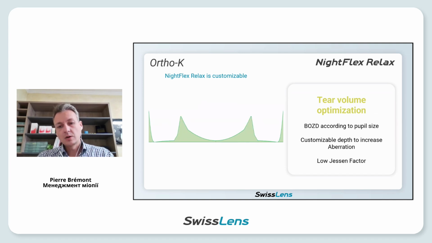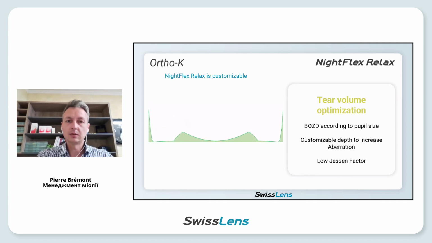So basically, we need to make the back optical zone diameter smaller. But when you make such a small back optical zone diameter, you also decrease the defocus in the mid-periphery. So with Relax, we achieved something really smart: a smaller back optical zone diameter, but also much more defocus in the mid-periphery.